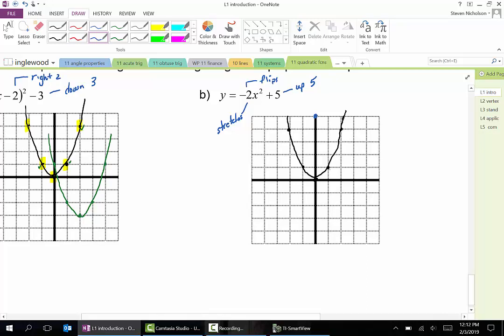In this one, if we flip this to here, and then stretch it by a factor of 2, which means 2 times -1, and then move that up 5, that's what we get right there. If we look at this coordinate, that point gets flipped, then it gets multiplied by 2, so it goes to there, and then it gets moved up 5.